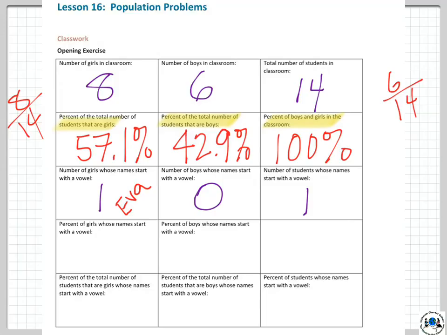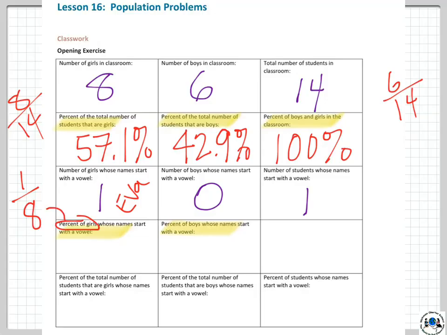So let's have you figure out the percent of girls whose names start with a vowel and the percent of the boys whose names start with a vowel. I'm going to pause here. Okay, so we're going to figure out the percent of the girls whose names start with a vowel. The numbers we're going to need here are 1 over 8, because we only have, again, percent of girls.